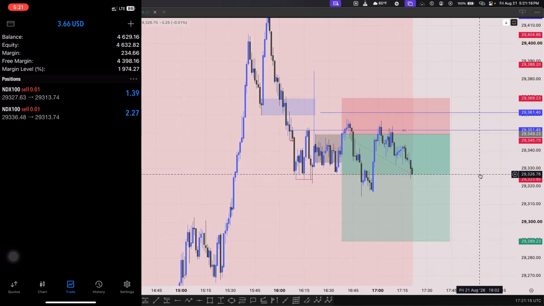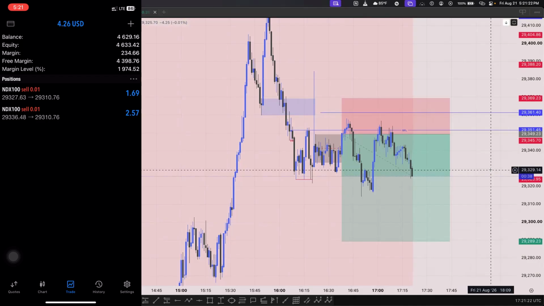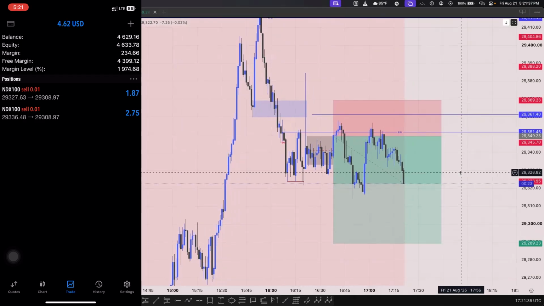Okay, if you've noticed today, I have a different type of entry. Okay, it's the same strategy, the same confirmations as prior, but the entries have changed. All right. I'm not using an indicator for my entries now. I'm just using price action for my entry. So yes, that's it.